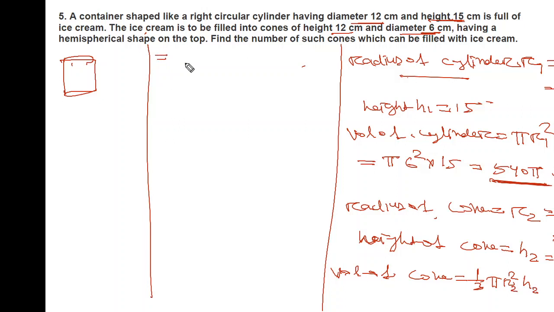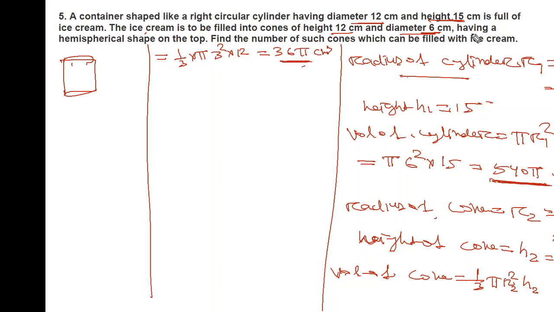Which will be equal to 1 by 3 into pi, R2 is 3 square into H2 is 12, so 3 will be cancelled, 12 into 3, 36 pi cm cube. So this is the volume of cone.